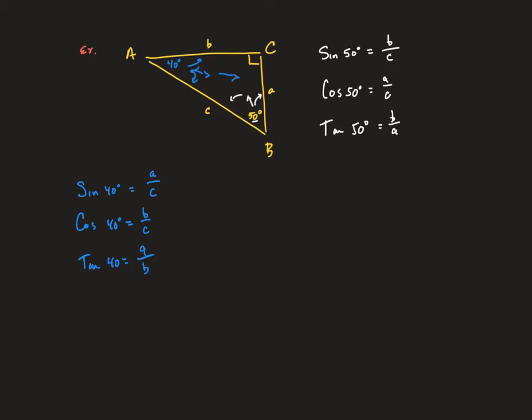And there you go. What do you see? Any relationships there? It looks like the sine of one acute angle is equal to the cosine of the other acute angle, right? So that is a relationship that we can identify.